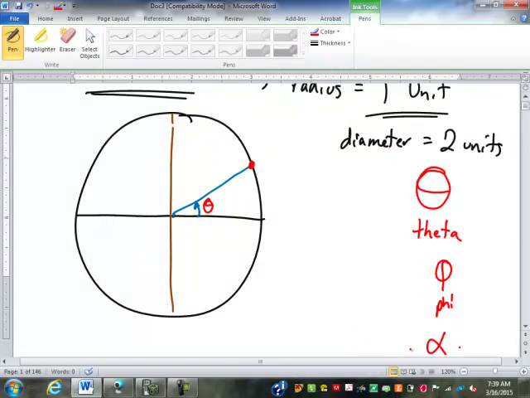But anyway, now that we've defined this angle here, theta, the trig functions are now features of this point here on the circle, this red dot. And the easiest one to define is the last one we discussed, the sine of that point on the circle is that length.